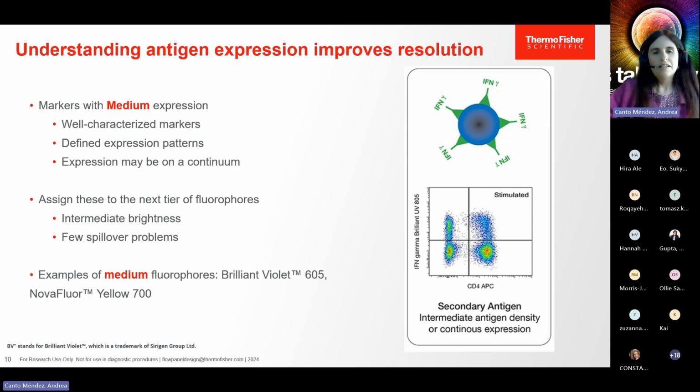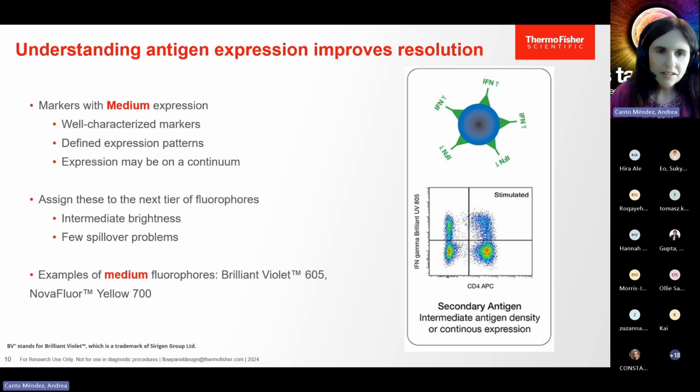Then we have the antigens that are expressed at a medium level. Typically, these are also well characterized and with well-defined expression patterns, but sometimes their expression is continuous. It's not clear negative or positive. And in this example, you can see interferon gamma. So these cells have been stimulated.